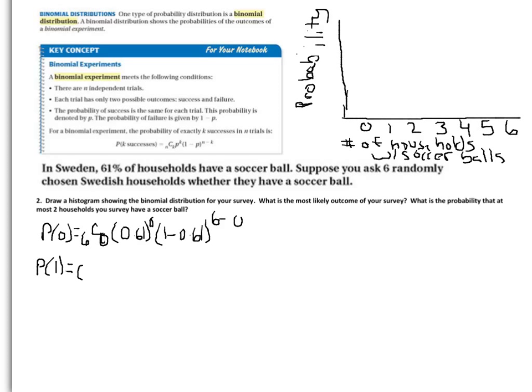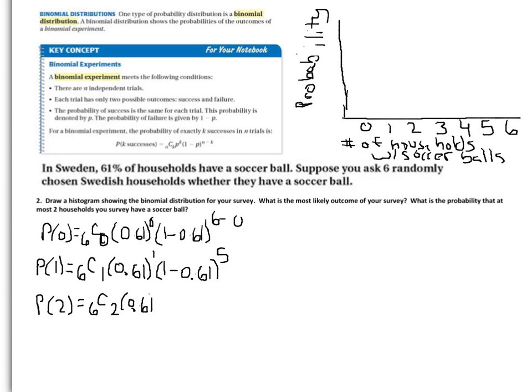So we do 6 choose 1, 0.61 to the first, 1 minus 0.61 to the 5th, because 6 minus 1 is 5. And then the probability for 2, 6 choose 2, 0.61 to the second, 0.39, because that's what 1 minus 0.61 is, to the 4th.